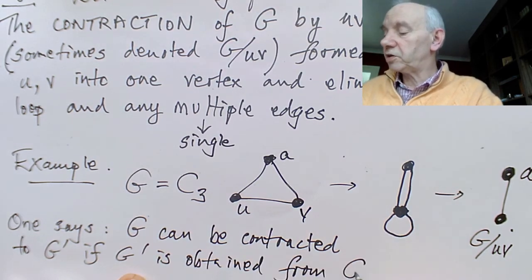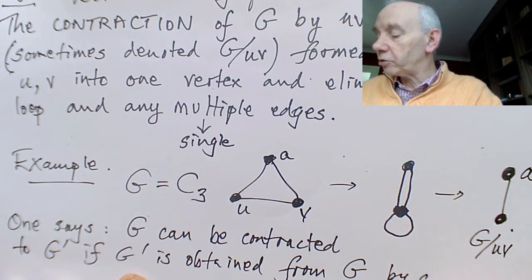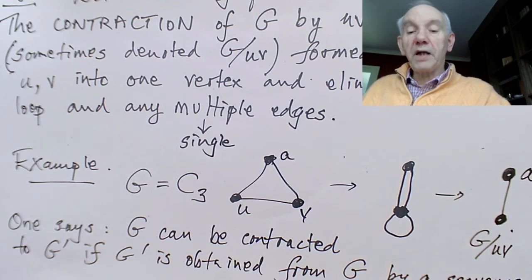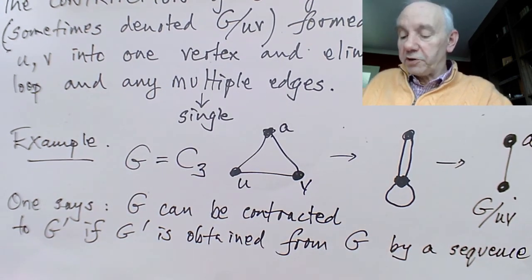By a sequence, not just one, you can have 1, 2, or 3, and so on. You might only need one, but by a sequence of edge contractions.